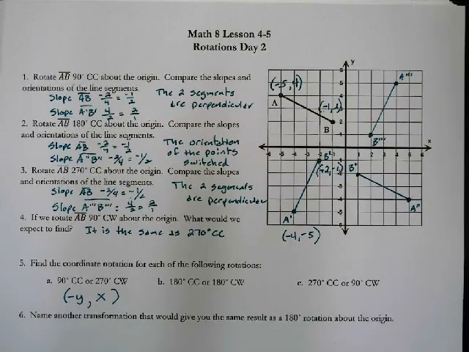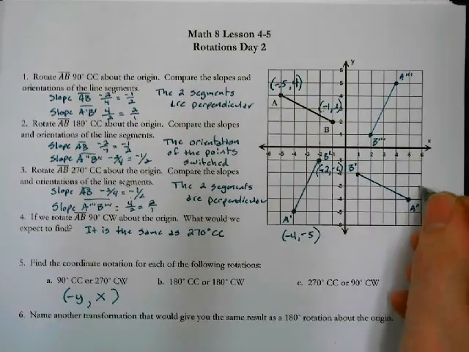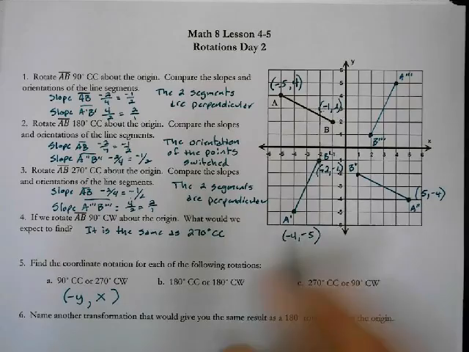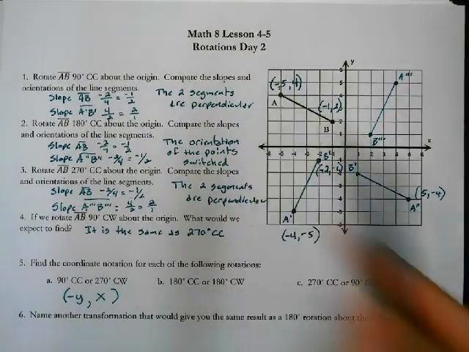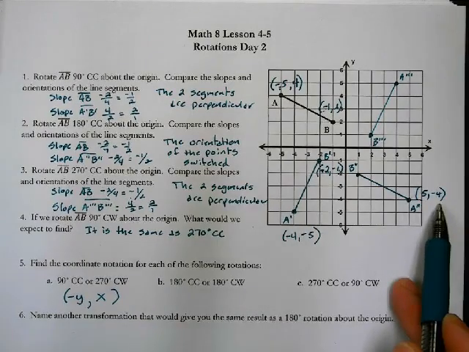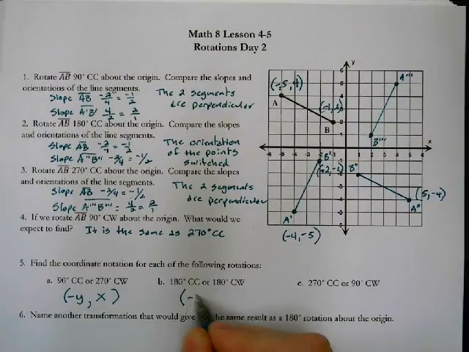Looking at A to A prime, it is at 5, negative 4. What we see here is this is negative 5, this is positive 5. This is positive 4, this is negative 4. So when we do 180 degrees, we notice that the X changes its sign and the Y changes its sign.